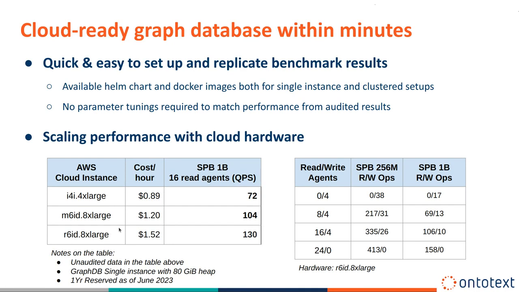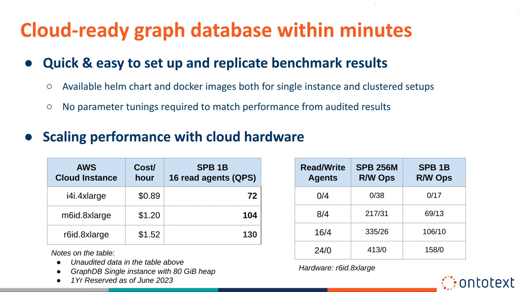So you can see that as a cloud-ready database, we try to scale as much as possible with the available hardware. With the smallest machine on the 1 billion benchmark of SPB and with 16 concurrent read agents running, we managed to achieve roughly 70 queries per second. With the better M6ID or larger machine, we managed to achieve 100 queries per second, whereas the cost for those machines increases in a similar, roughly linear pattern.